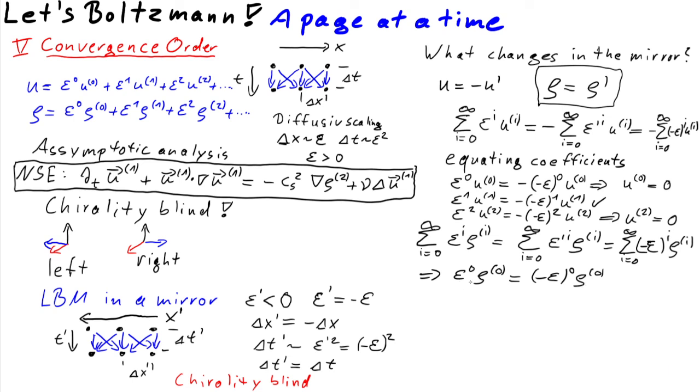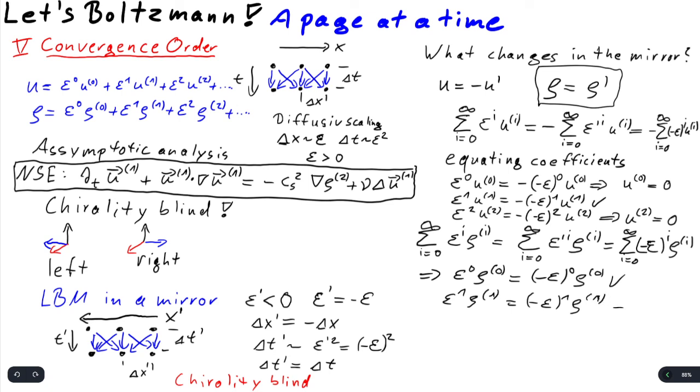And because epsilon to the power of 0 and minus epsilon to the power of 0 are both 1, this is correct. So at the next order, epsilon to the power of 1, rho of the order 1 is equal to minus epsilon to the power of 1, rho of the order 1.